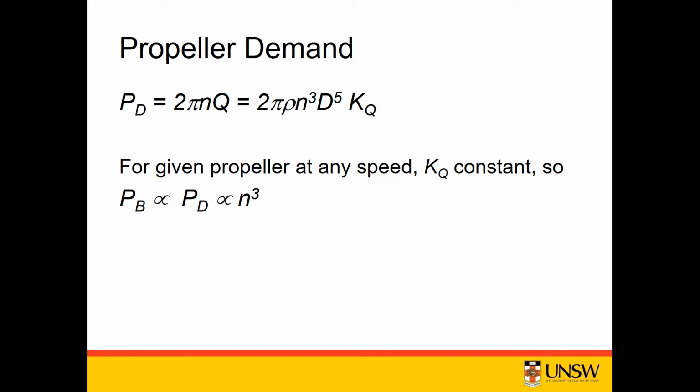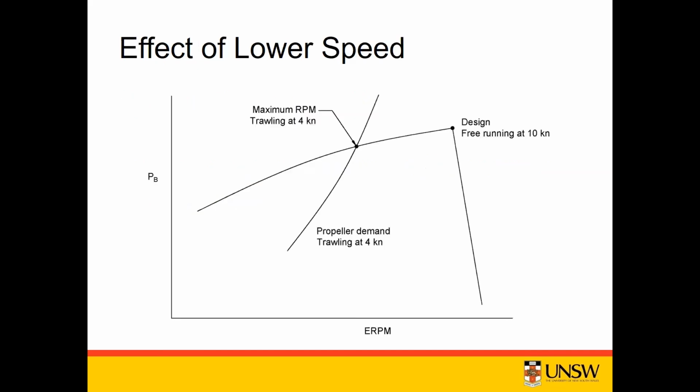What that means is that if you want to get a 10% increase in power, you only have to increase the revs by about 3%. So that has particular application for tugs, actually, where they often have a 110% power requirement at the bollard.